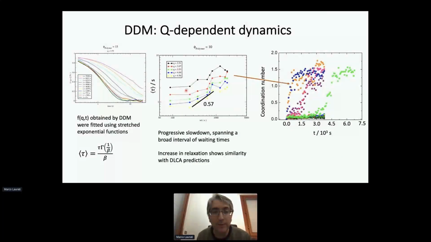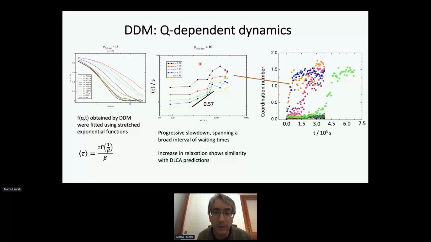So to get a bit more information on this kind of transition, we also analyzed our data in terms of DDM, and from the intermediate scattering functions, we extracted average relaxation times from fitting the data with stretched exponentials.